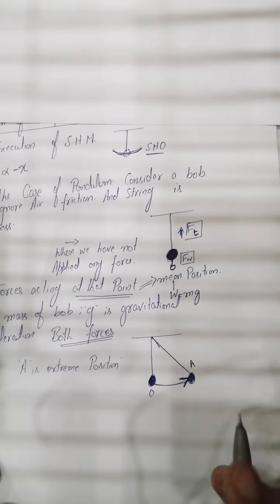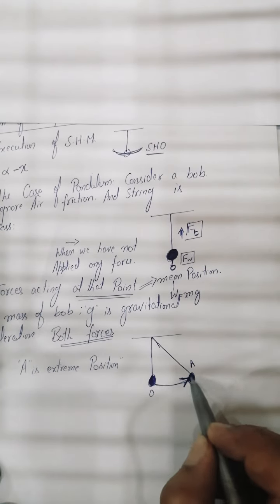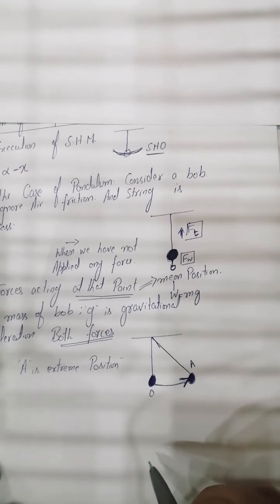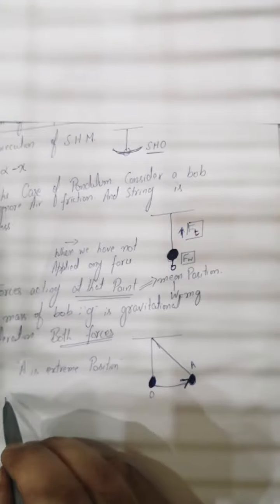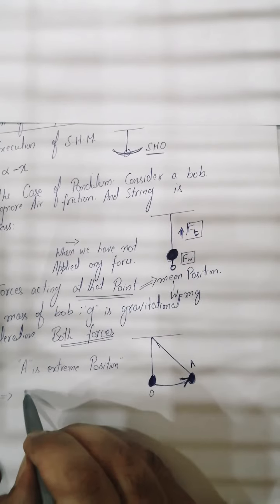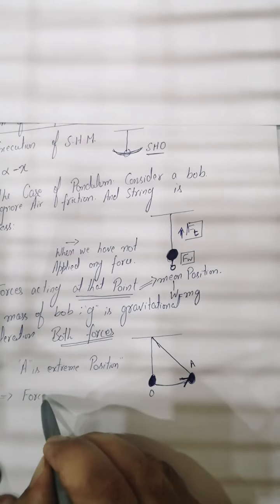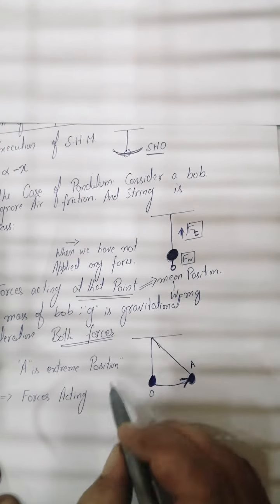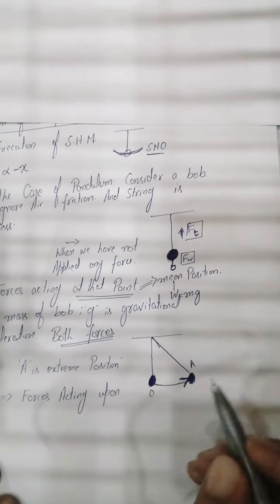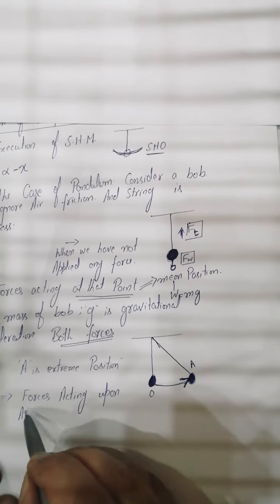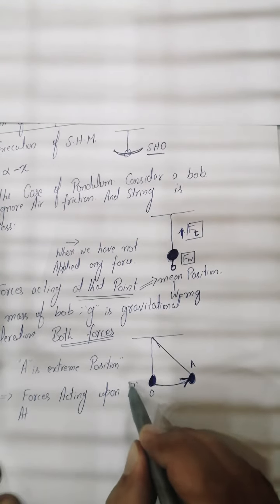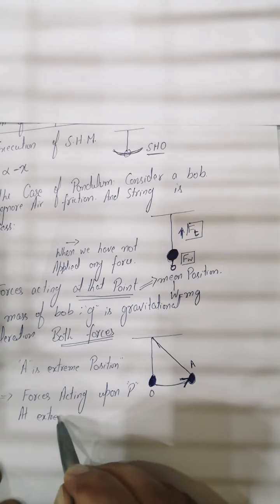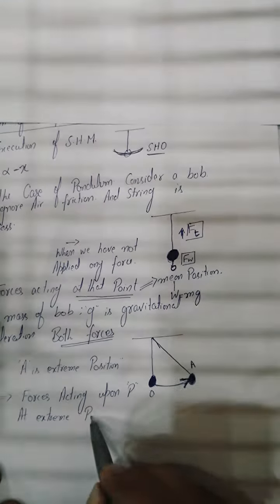So this is the extreme position of the simple pendulum, this is the mean position of the simple pendulum, and we want to check the forces acting upon the pendulum at the extreme position.